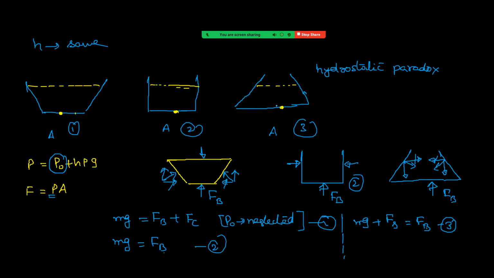There's a chance of feeling like this. But the actual answer is quite opposite to what we are expecting. It is the same in all cases. That's why it is called a hydrostatic paradox. That means the answer is opposite to what we are expecting. It is not greatest here. It is the same in all these three cases. Okay, that is the meaning of hydrostatic paradox.